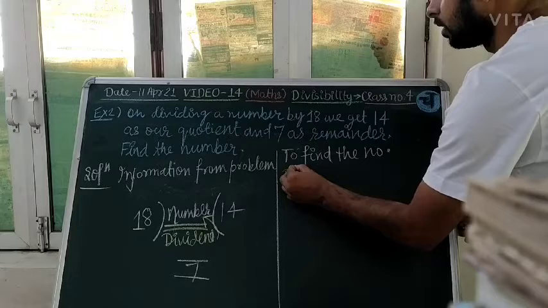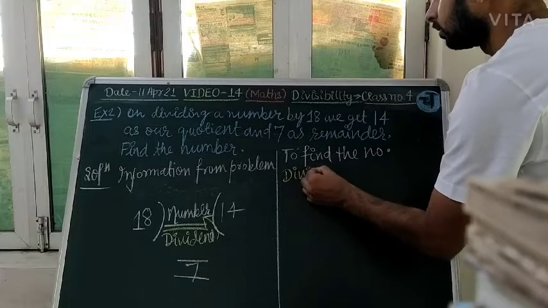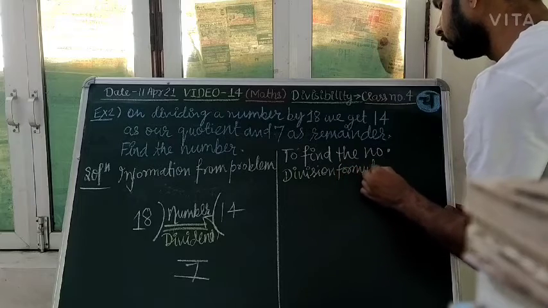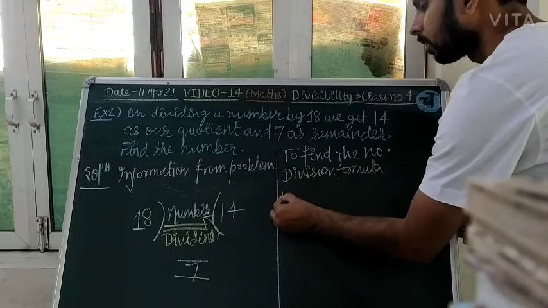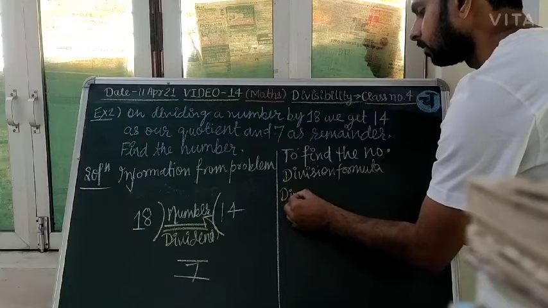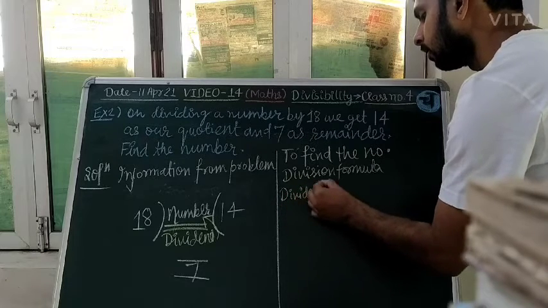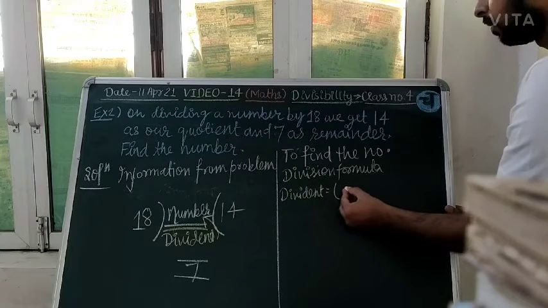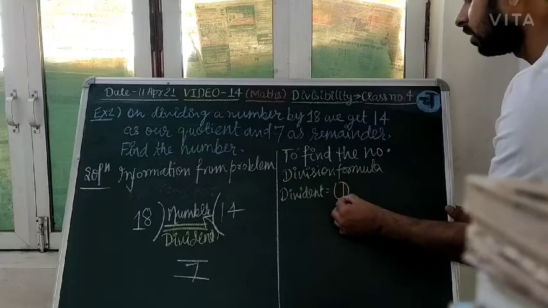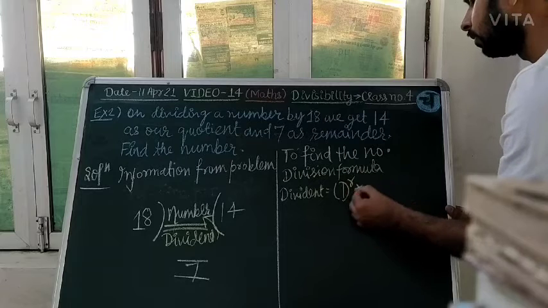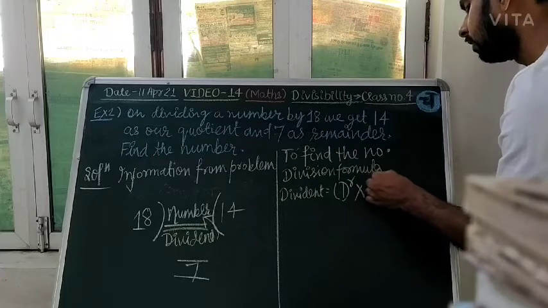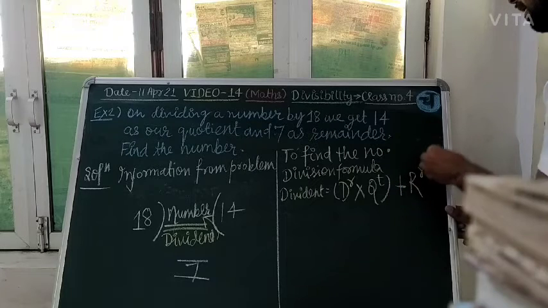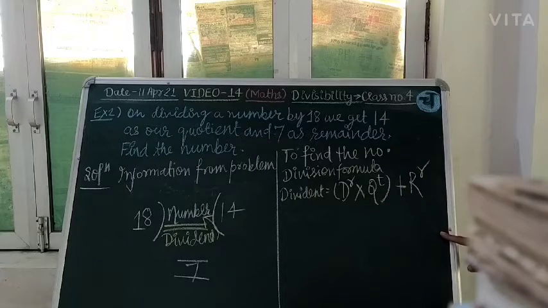The division formula is: dividend equals divisor into quotient plus remainder. I have abbreviated.